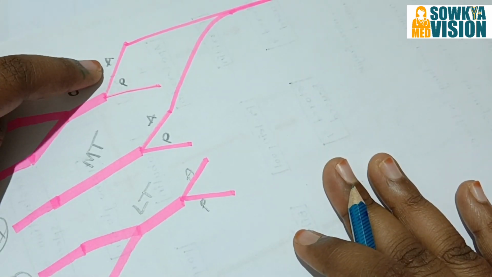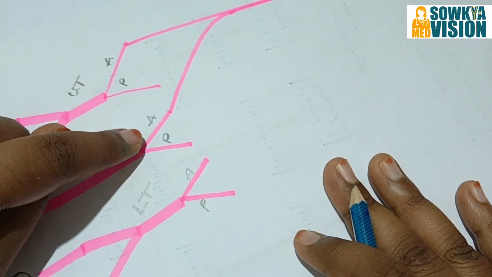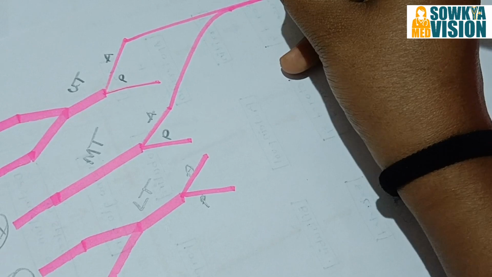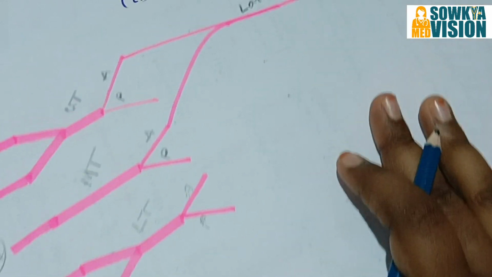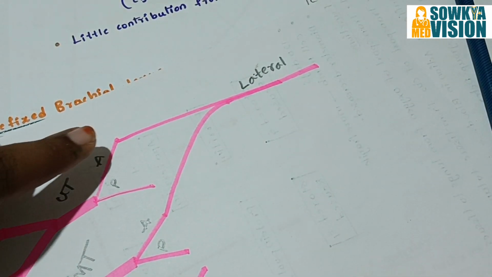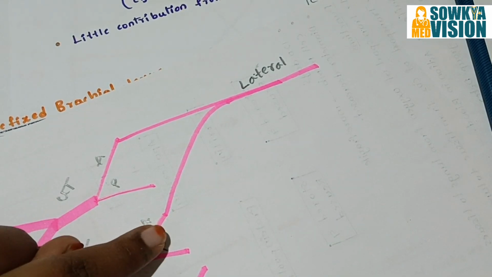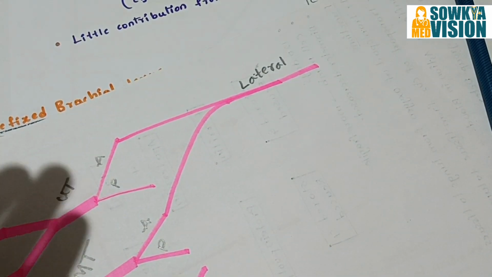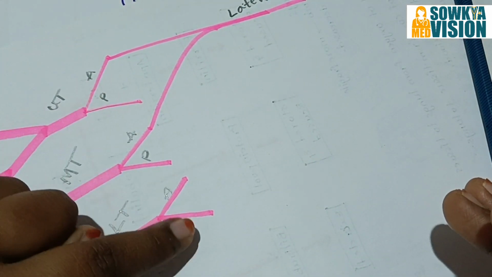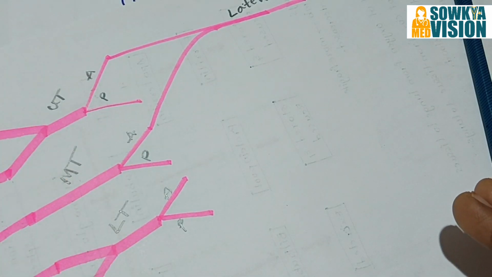So the anterior division of the upper trunk and anterior division of middle trunk are going to form lateral cord. Yes, now the posterior division. See, anterior division of upper trunk and anterior division of middle trunk are completed. What do we have in the rest? Posterior, and one anterior division of lower trunk.